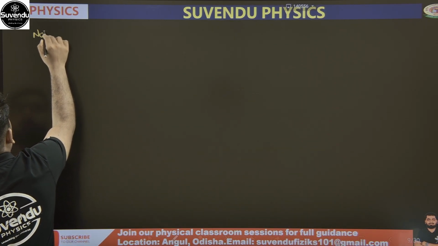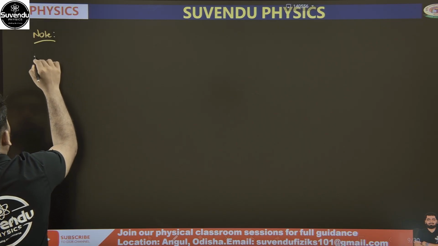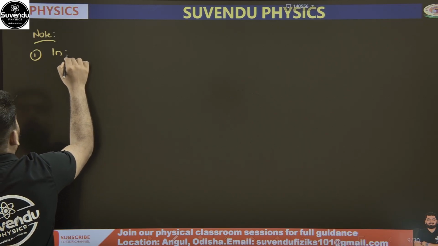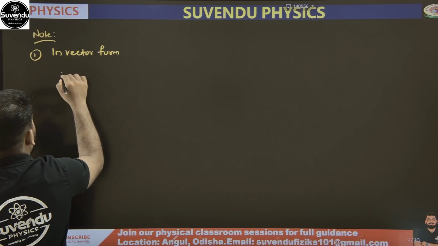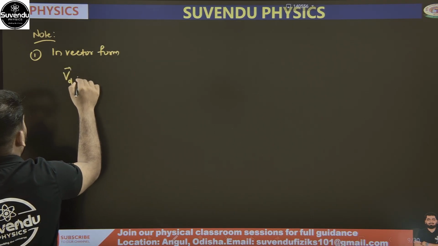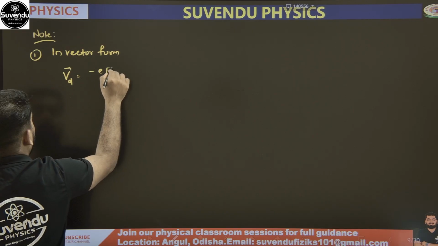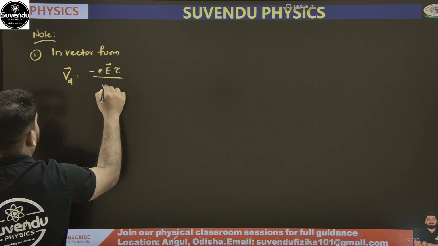So in the note points we can write, first point, in vector form, Vd vector is equal to minus E vector tau by m.